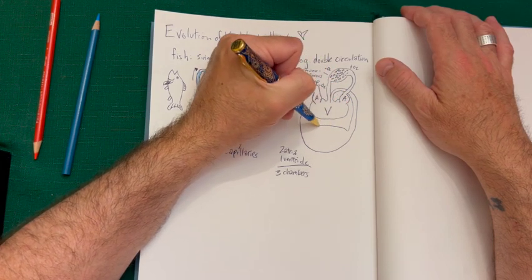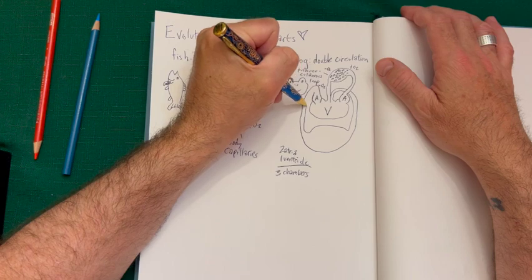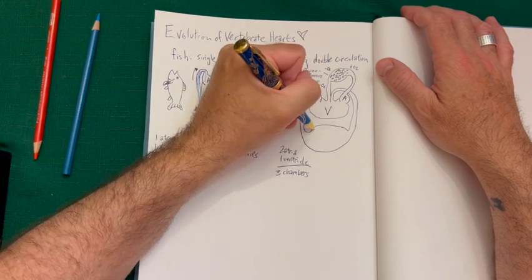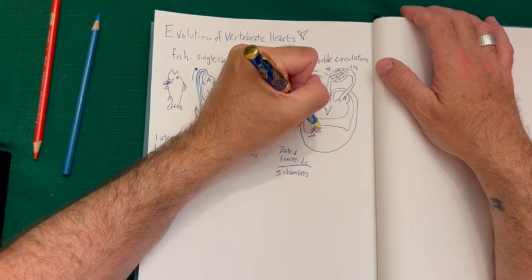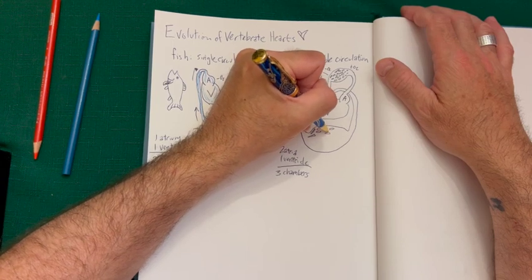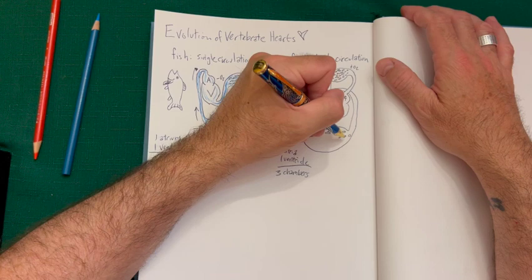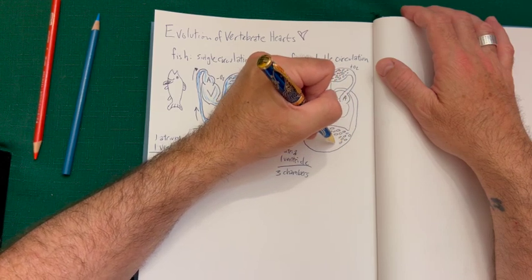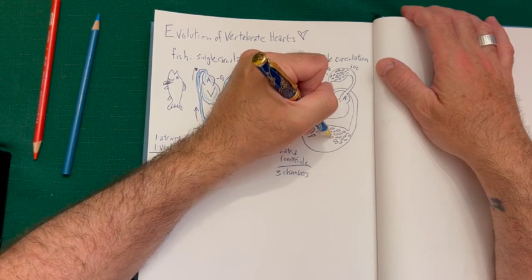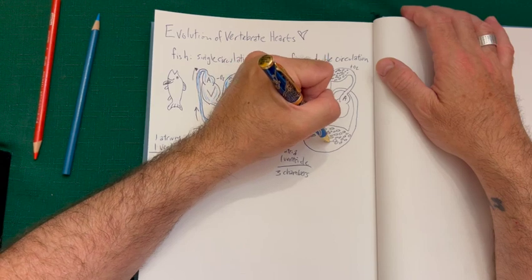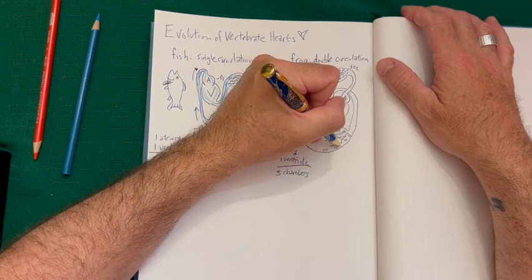So we'll draw a big old capillary bed down here, which represents the whole body of the frog. So capillary beds are just highly, highly branched, very, very thin blood vessels where gases can be exchanged.